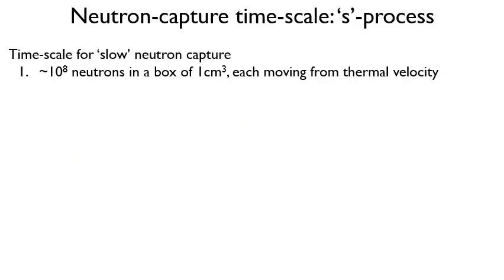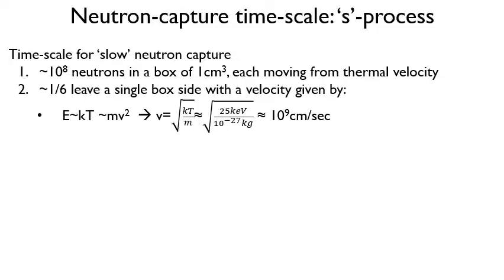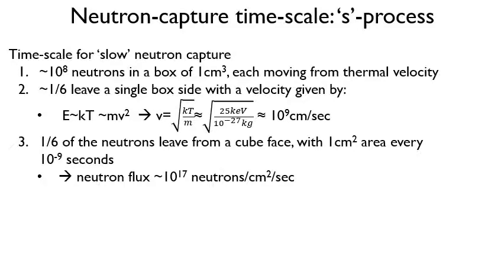Okay. We can work out the rough time scale: how long does it take for a nucleus to capture a neutron? We don't need to dwell on this. We basically assume some number density and some environment temperature, and these are going to come from astrophysical models, or as I'll show in a moment, you can actually infer them from neutron capture cross-sections on Earth.